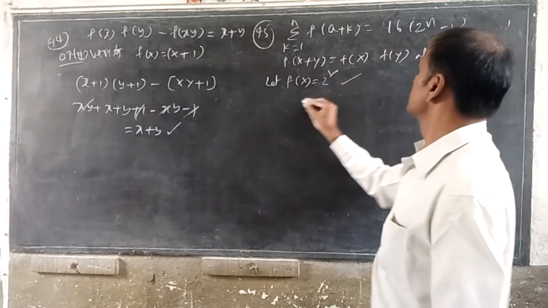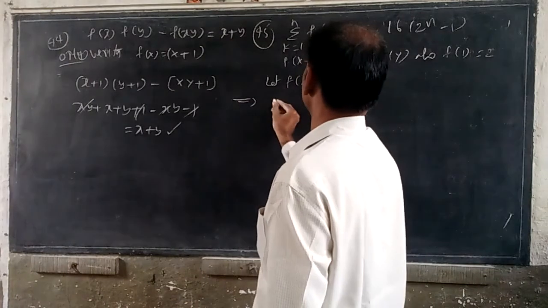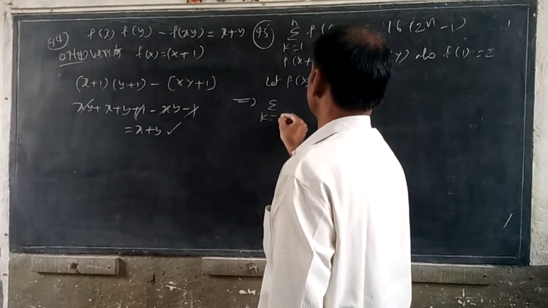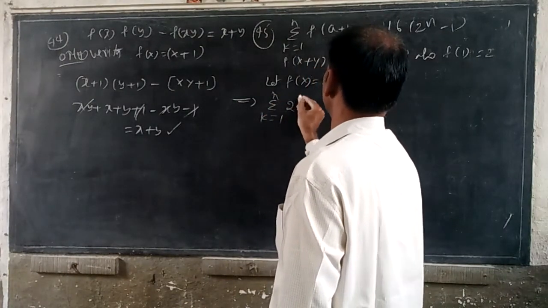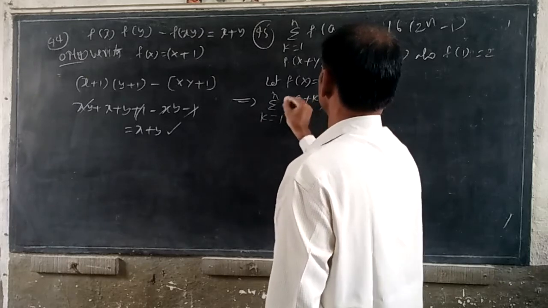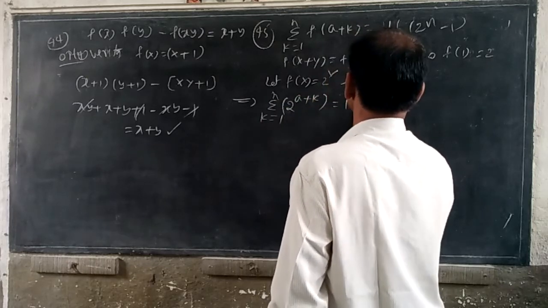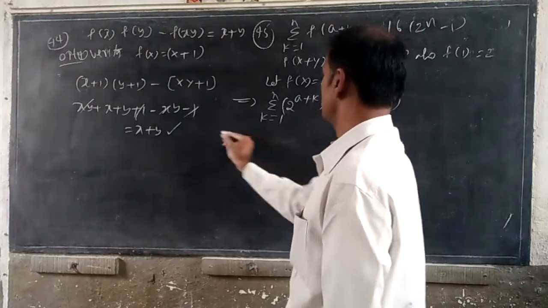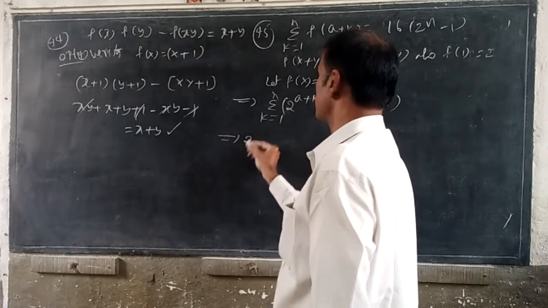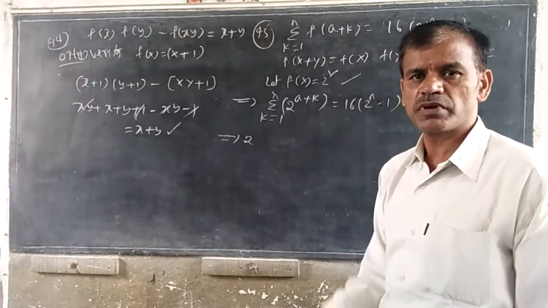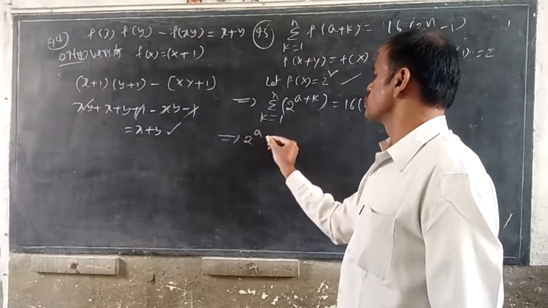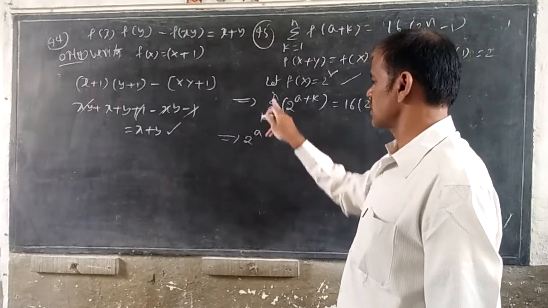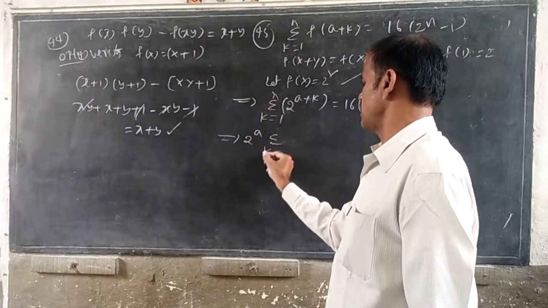So it is true. Now directly we can write sigma k equal to 1 to n of 2 power a plus k is equal to 16 into 2 power n minus 1. 2 power a plus k can be understood as 2 power a dot 2 power k. So 2 power a is taken outside because the summation is only over k.